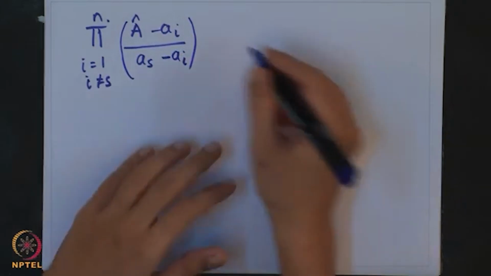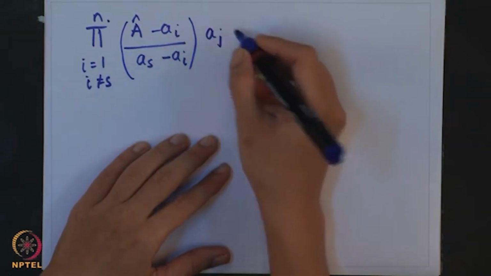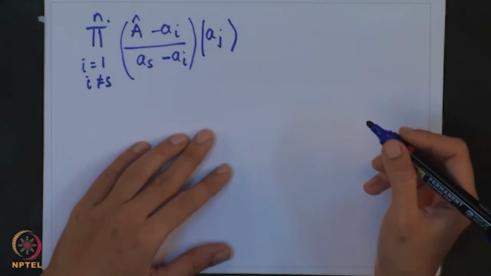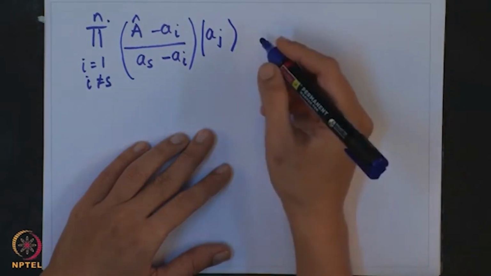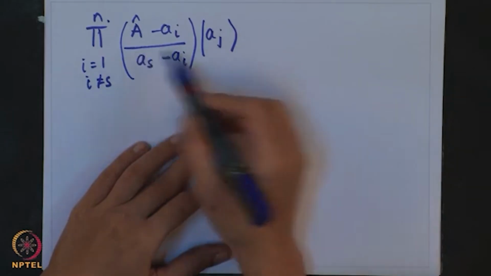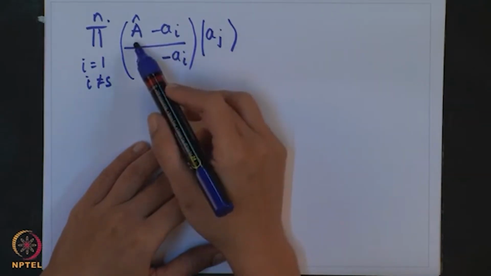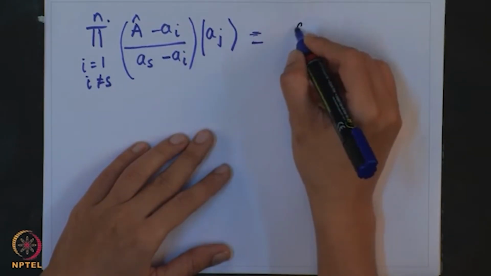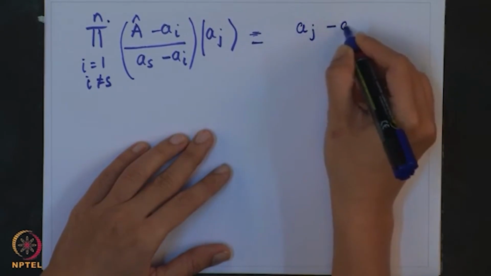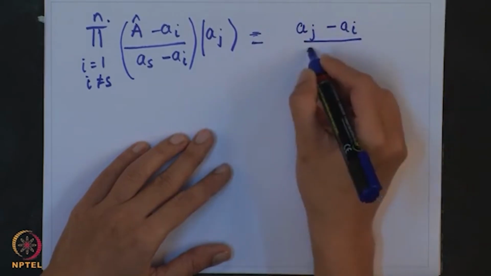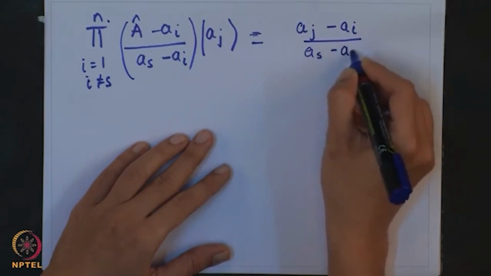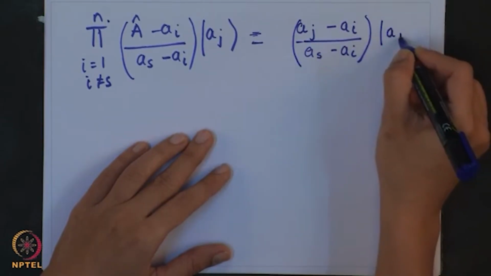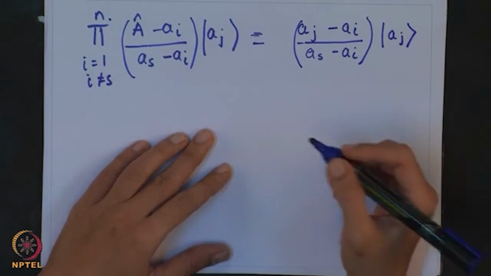Now, I will operate an eigenket |a_j> on this operator. When A is operated on |a_i>, you get a_i, and now when I operate |a_j> on this, what do I get is (a_j minus a_i) upon (a_s minus a_i). This is what you get when |a_j> is operated on this.